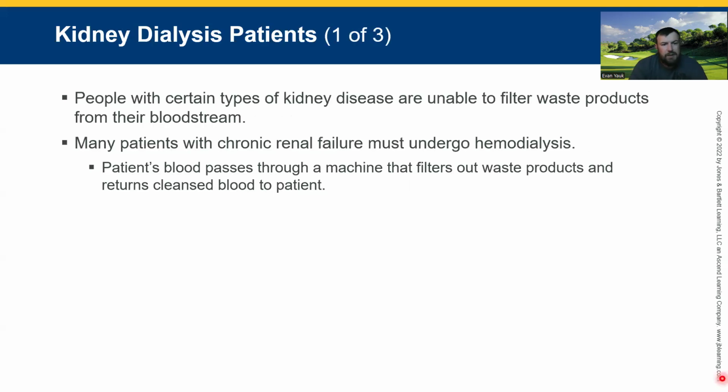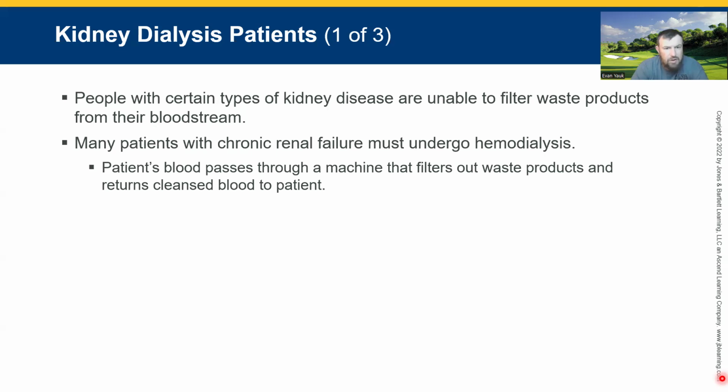Kidney dialysis patients, we do run into this. In my part of the country, we do a lot of dialysis transports. People with certain types of kidney diseases are unable to filter waste products from their bloodstream. So dialysis does that for them.